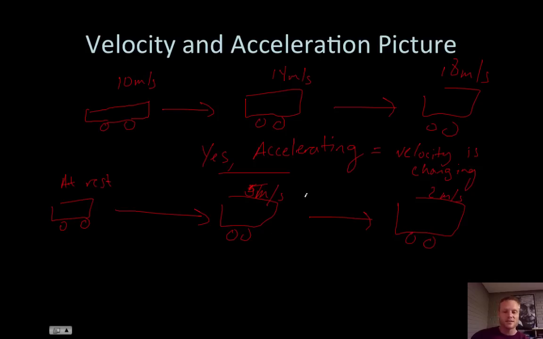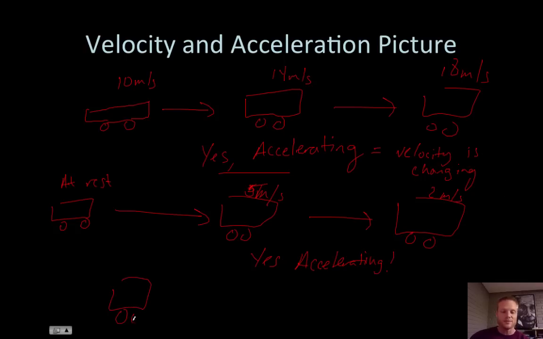Is this car accelerating? We would say, yes, it is. How do we know it's accelerating? Well, it started at rest and it got up to 5 meters per second. And then a little time later, it was going 2 meters per second. Even though it slowed down here, that still is called an acceleration because the velocity is changing. So yes, it's accelerating, and the reason why is because the velocity is changing.